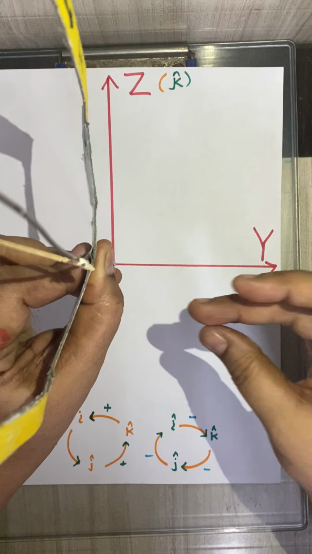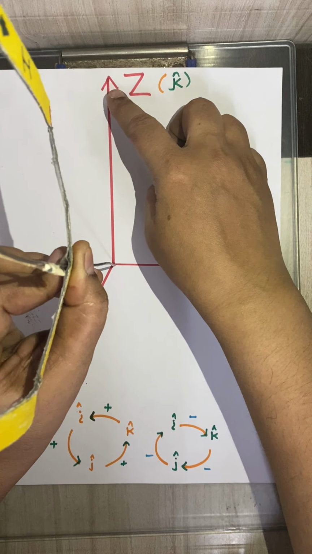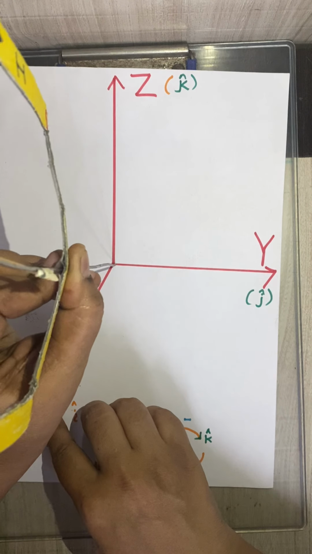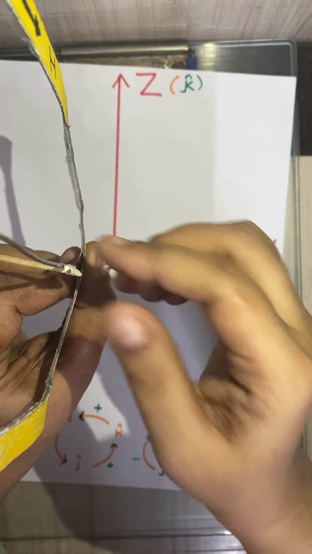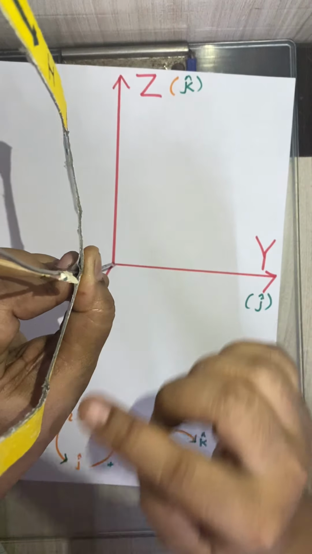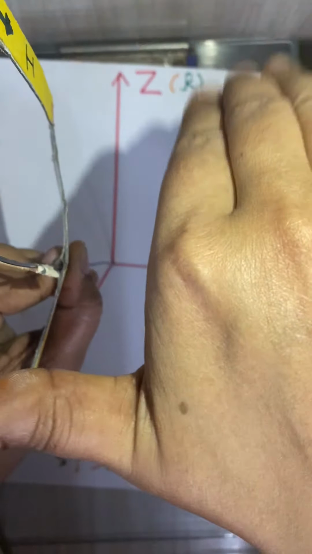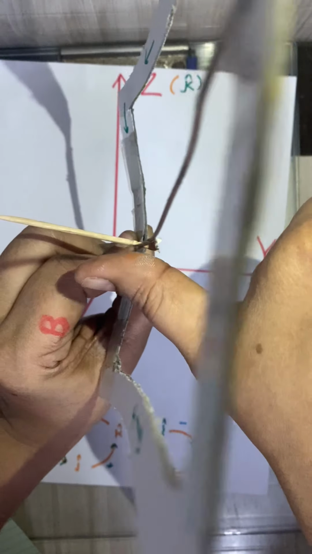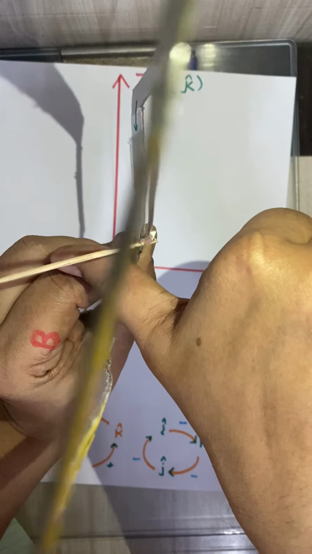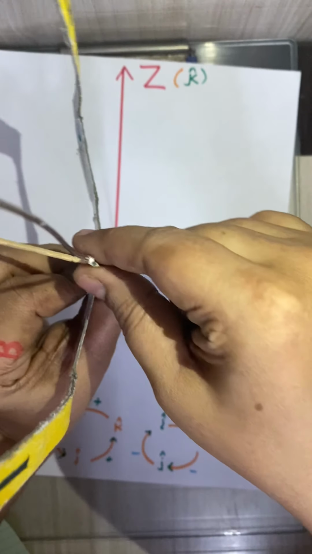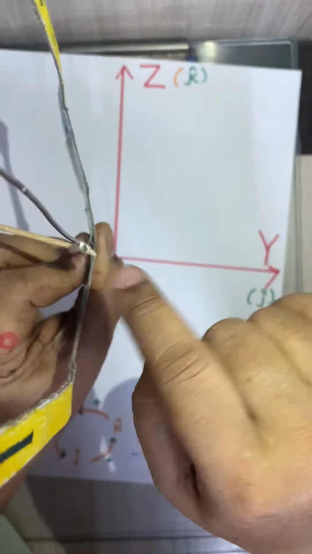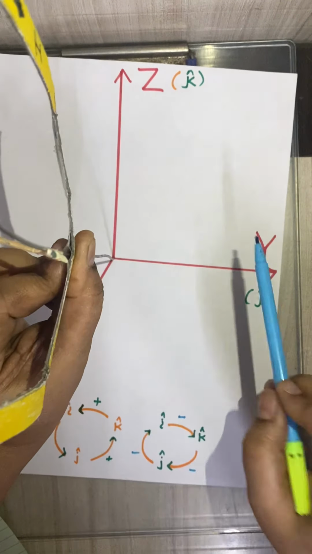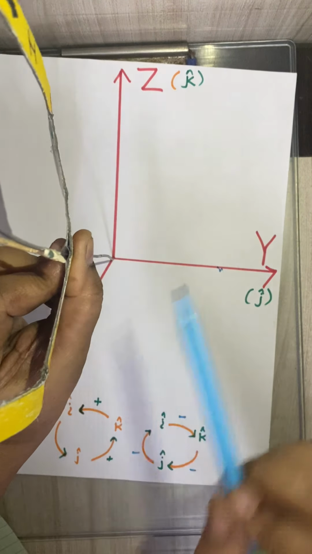If I keep it at this place, then the coil lies along the xz plane. If the current is flowing in the clockwise manner, then the thumb shows the direction of the magnetic moment, and the direction of the magnetic moment is along the thumb. Now you can see that this is the y-axis.